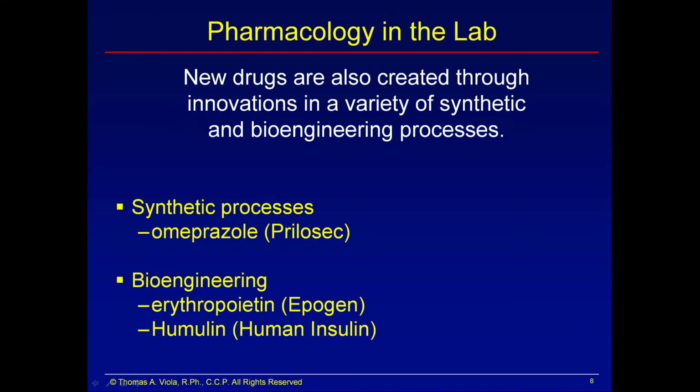Yes. However, we can alter the genetic structure of E. coli and program it literally, feed it amino acids, and it could make beneficial proteins, as in this case, both human insulin and erythropoietin, which is a hormone used in the production of red blood cells for patients with kidney disease. Fascinating.